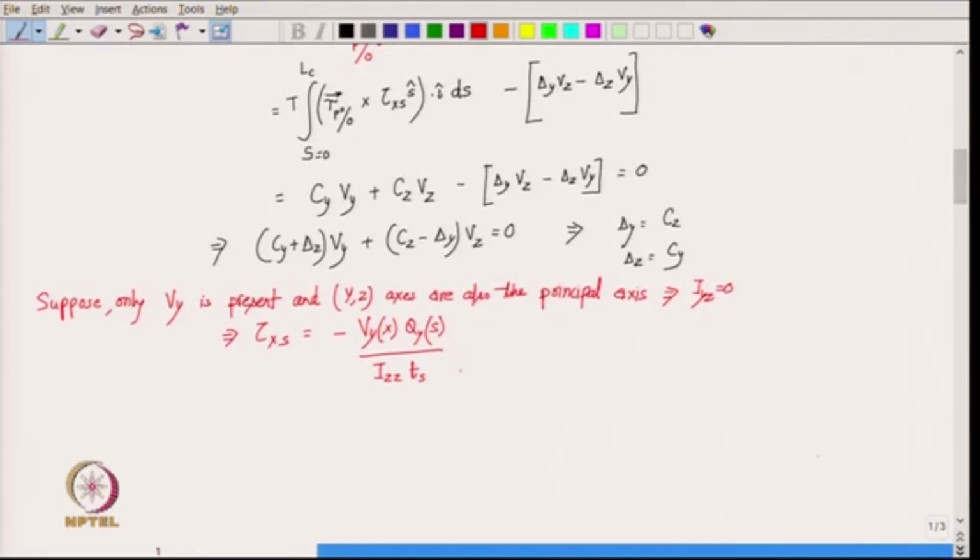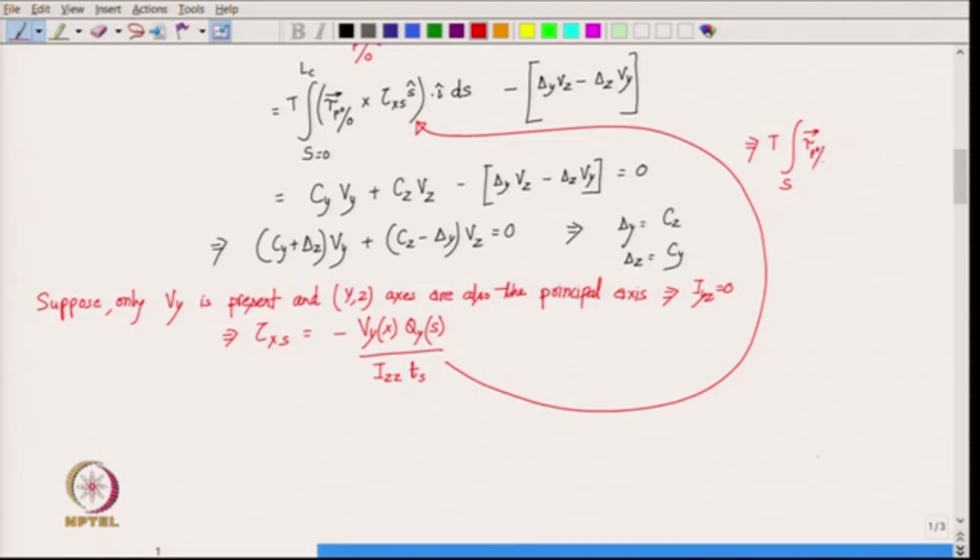Okay. When we plug this formula for tau x s in this integral over here, we simply have T times integration over the arc length of r of p naught relative to O cross product tau x s, which has got another minus.